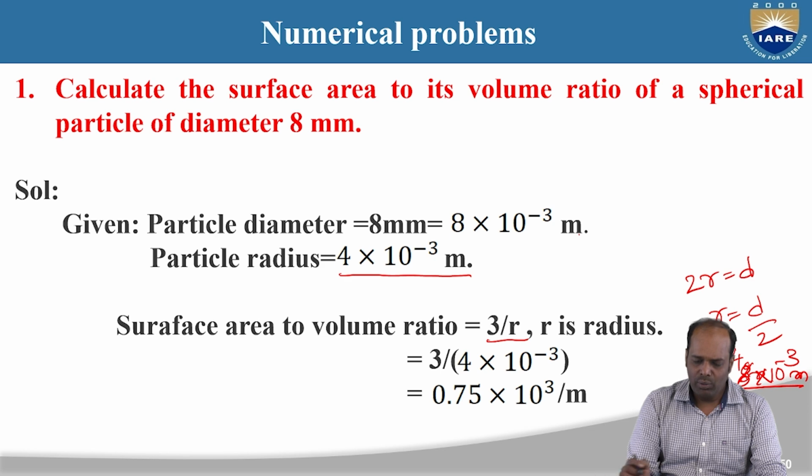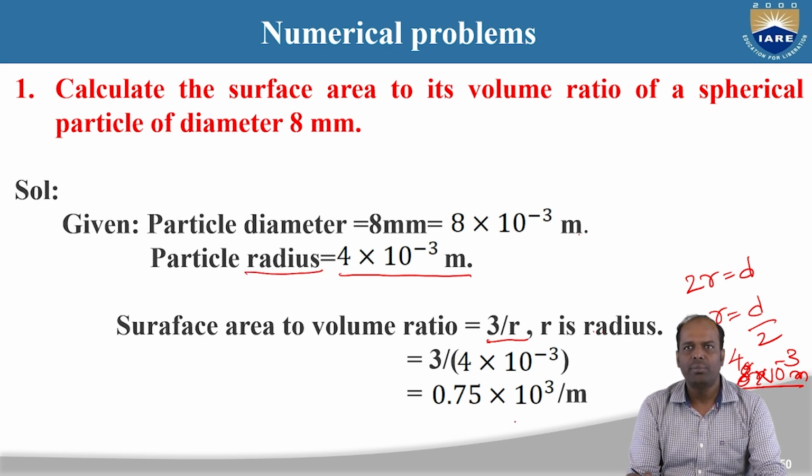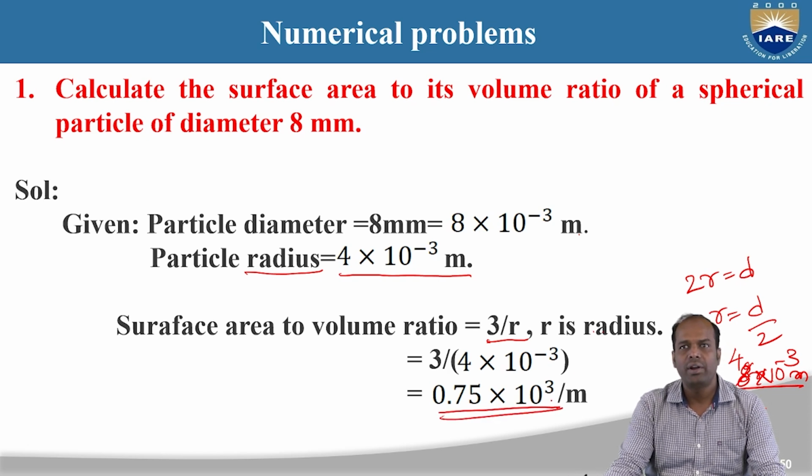Then we know the formula, surface area to volume ratio is 3 by R, where R is the radius. What radius did we get here? Radius is 4 into 10 to the power of minus 3. Now we substitute the values: 3 by 4 into 10 to the power of minus 3. So the resultant value is 0.75 into 10 to the power of 3 per meter.